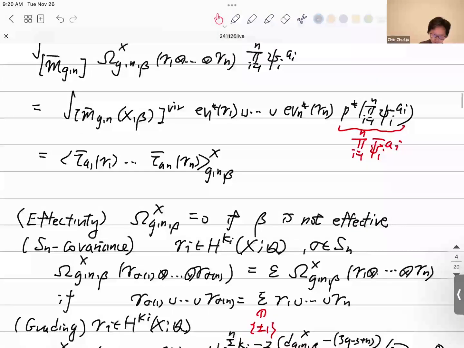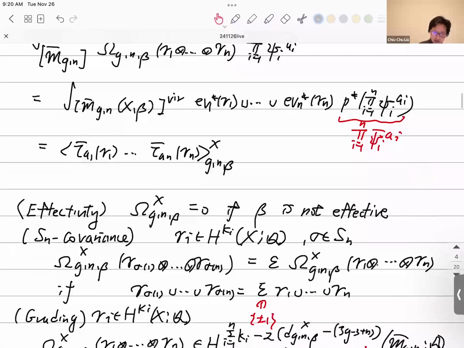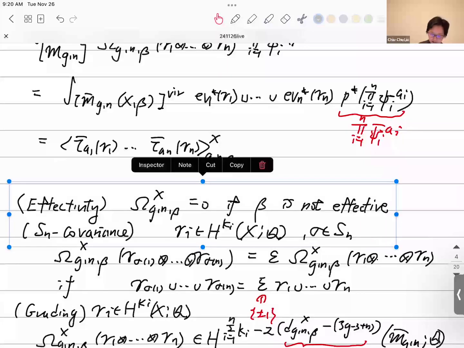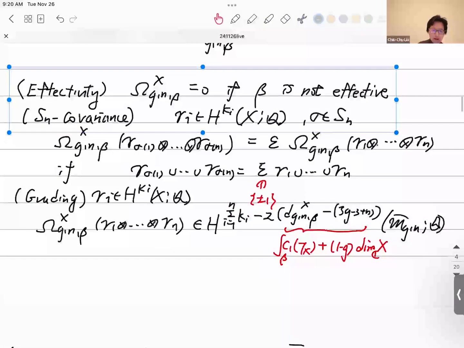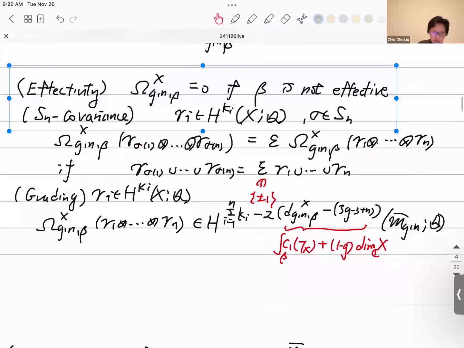And S_n covariance. So now we don't assume the gamma i are of even degree, but let's assume each gamma i is homogeneous of degree k_i, and we take some element sigma in the permutation group. If we permute the order by sigma, then we get a sign.